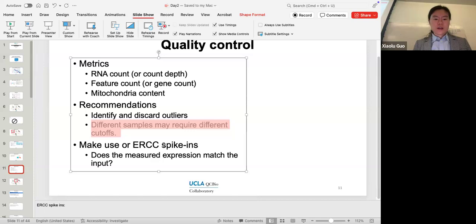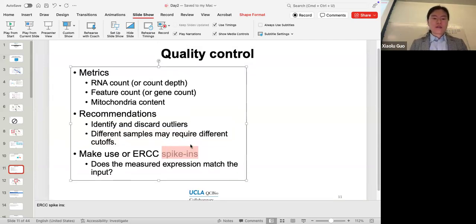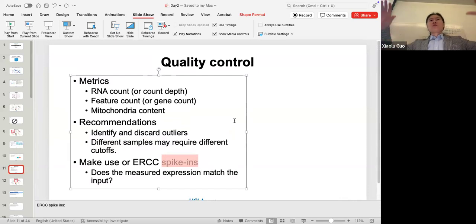Sometimes, if the experimental design is very rigorous, they will have spike-ins. What are spike-ins? When they do the sample preparation, they add some mRNA for which they already know the concentration or amount, and mix it with the sample through the lab preparation steps until sequencing and the gene expression matrix.